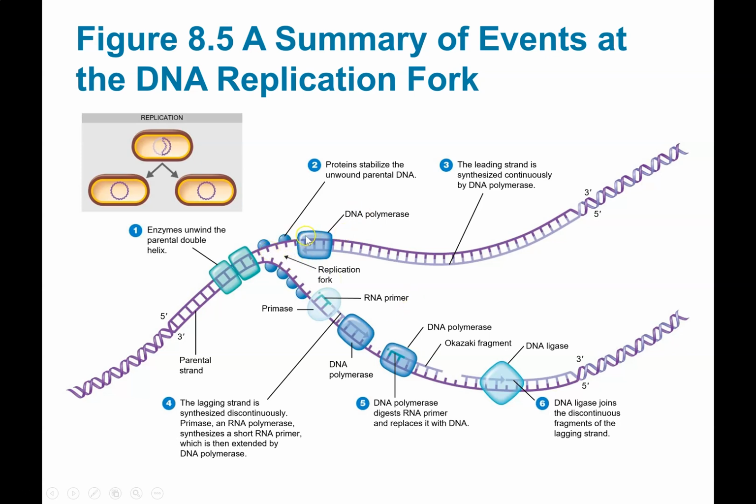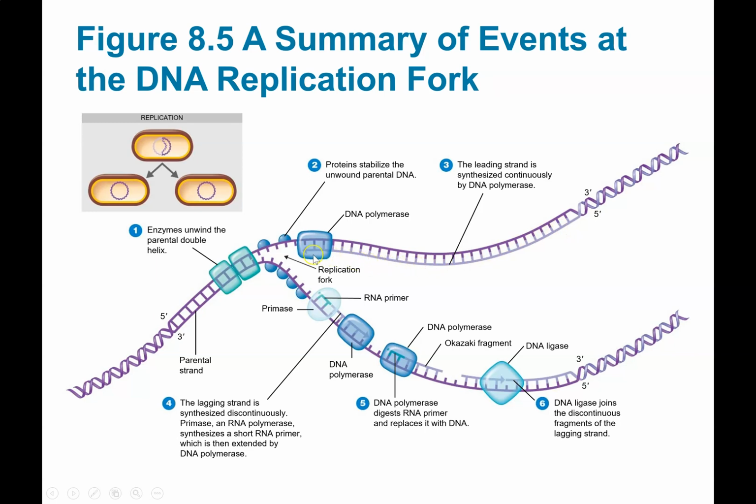This is DNA polymerase. DNA polymerase will synthesize DNA in the 5' to 3' direction, which means it starts on the 3' end of the parental strand, and it proceeds in the 5' to 3' direction of the new strand being synthesized. It's the light purple here. That's called the leading strand because it gets synthesized continuously towards the replication fork.